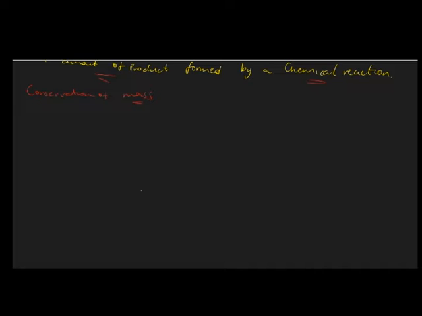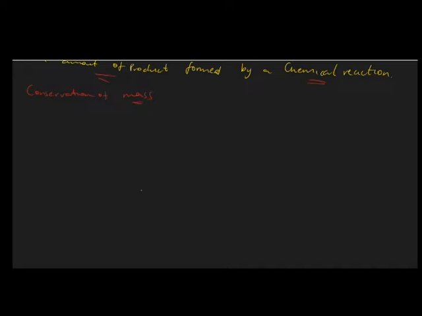So that's what we mean here. So why am I talking about this? Where are we going with this? From the conservation of mass concept, I said to you, at the beginning of the reaction, the amount of matter that is present or the amount of mass that is present is going to be the same as the amount of matter at the end.